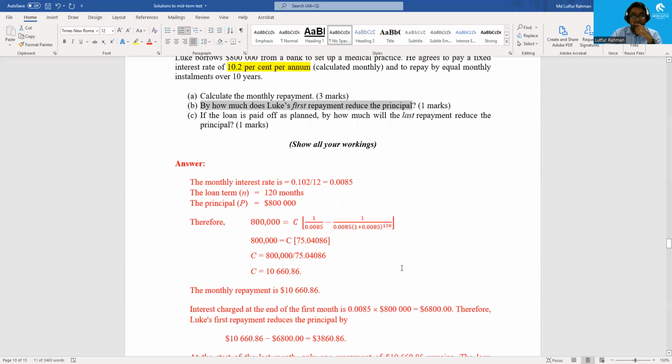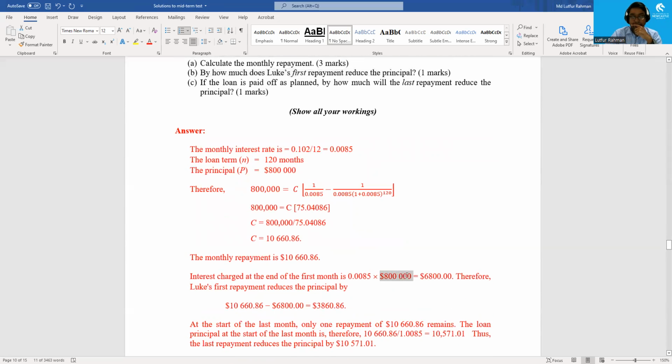So you can see that your principal is 800,000 and your monthly interest rate is 0.0085, which means that your first month's interest payment is 6,800. Your installment is 10,660 and the interest payment is 6,800, which means the remainder is the amount of principal that you repay with the first installment. All right? Okay.